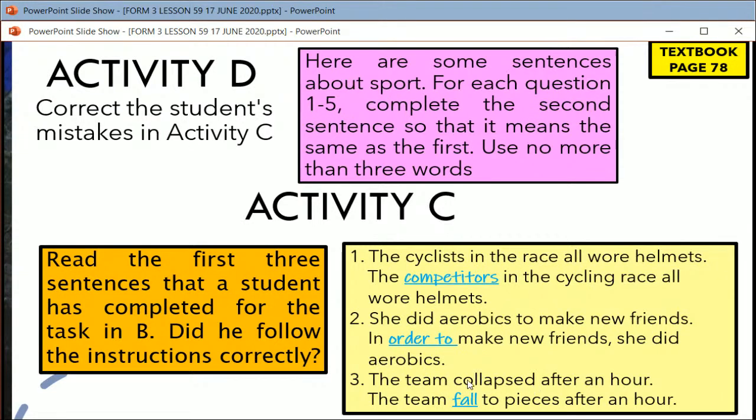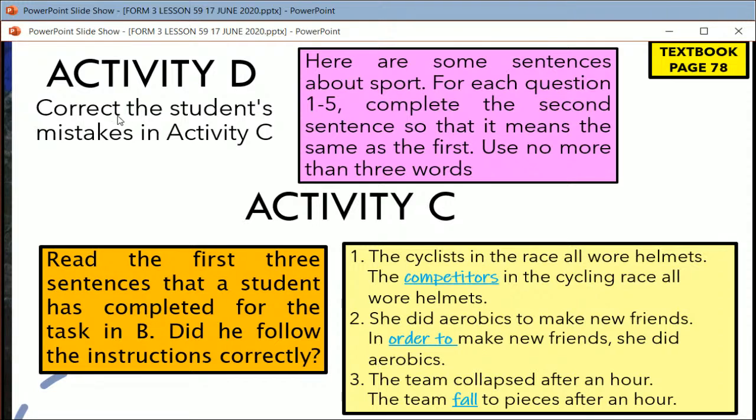Yes, something doesn't seem right. You are correct, Nushin. Something doesn't sound right, but fall to pieces means someone who collapsed, who everything has gone wrong. That is where activity D comes in.